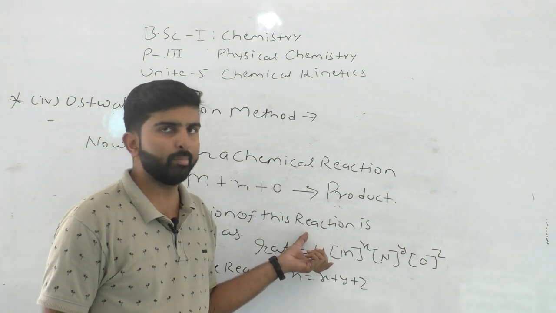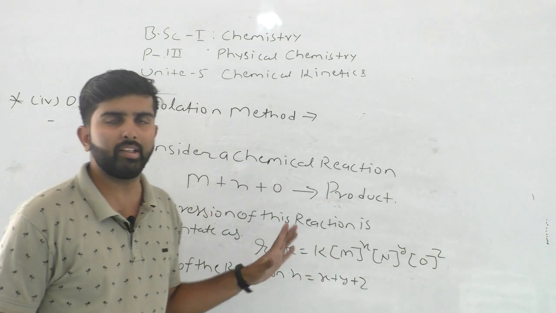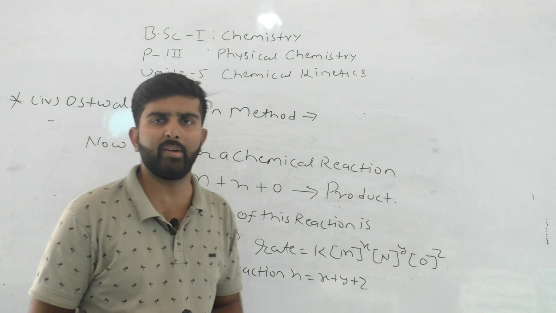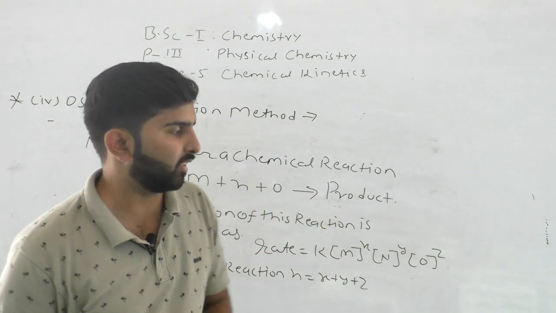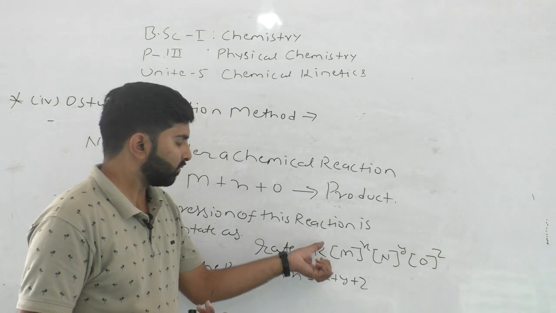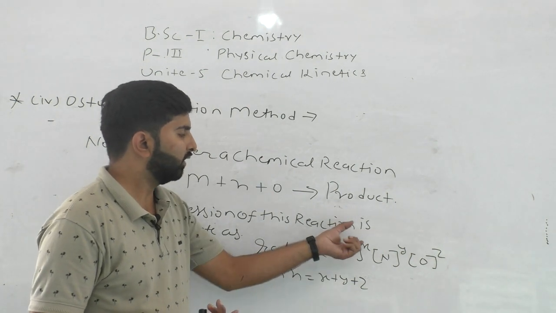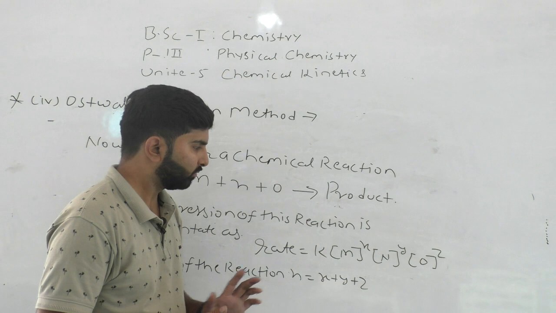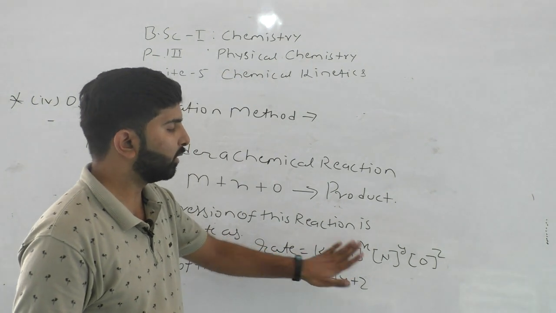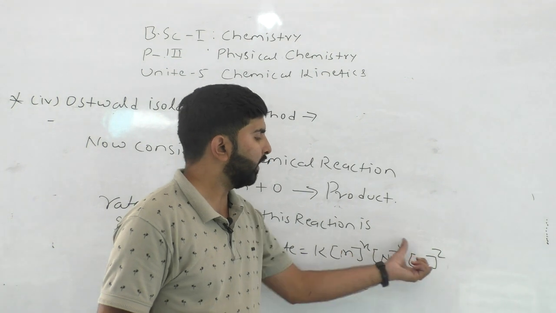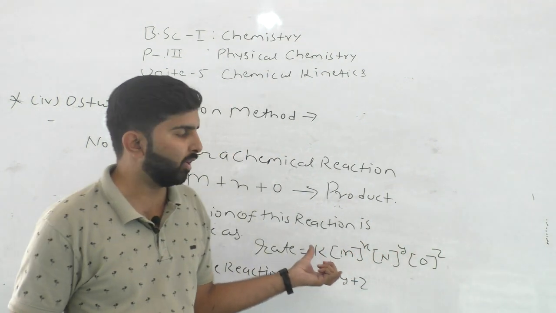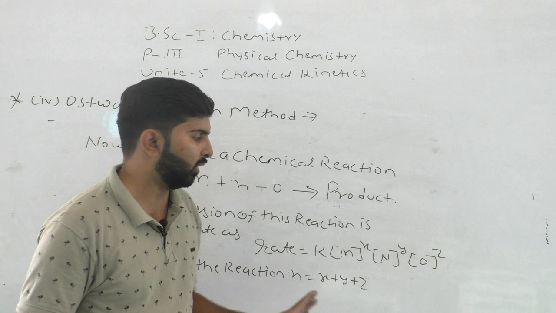So for this type of reaction mixture, we determine the order of the reaction by the graphical method, half-life method or hit and trial method. Then we write down the order x in terms of M. Then we take M and O in excess amount and N in a finite amount.